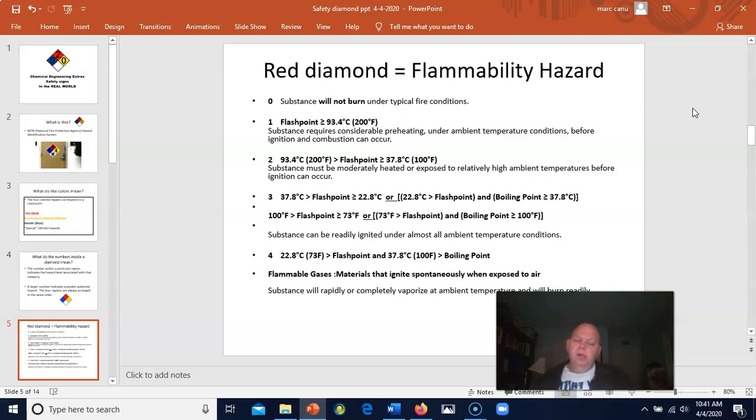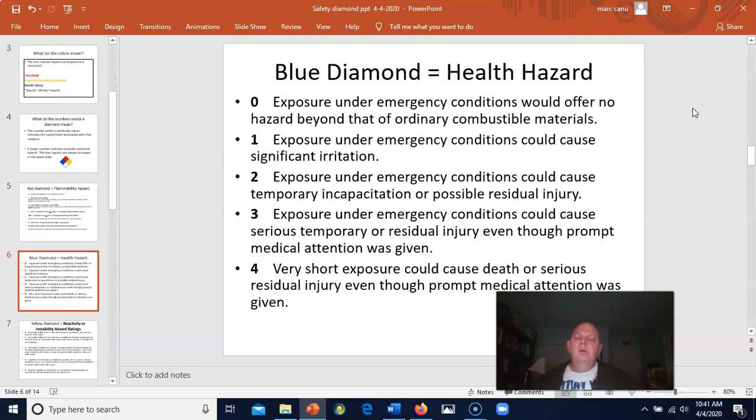So when we look at red, think fire. It's the flammability hazard. When we look at the blue diamond, that's health. Again, it's the same scale from 0 to 4. 0 means there's no real big deal. Exposure under emergency conditions would offer no hazard beyond that of ordinary combustible materials.